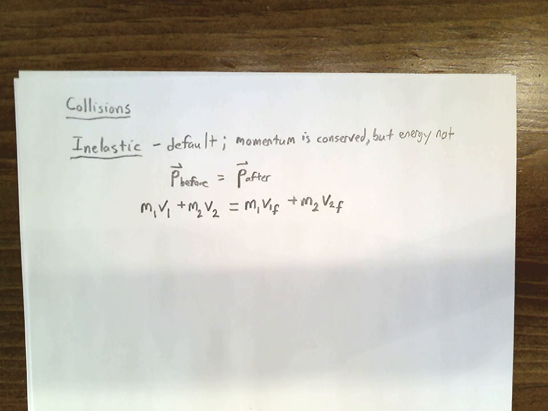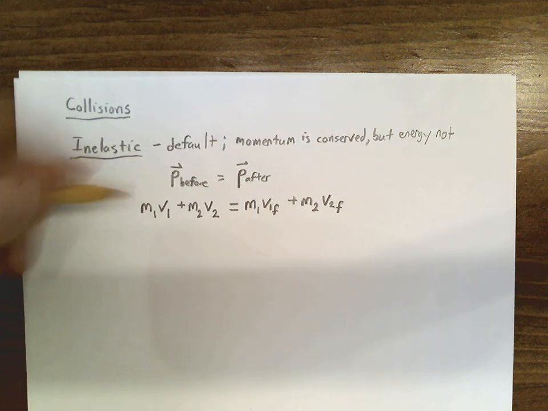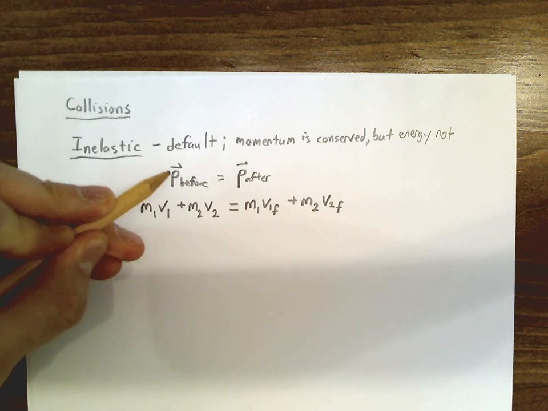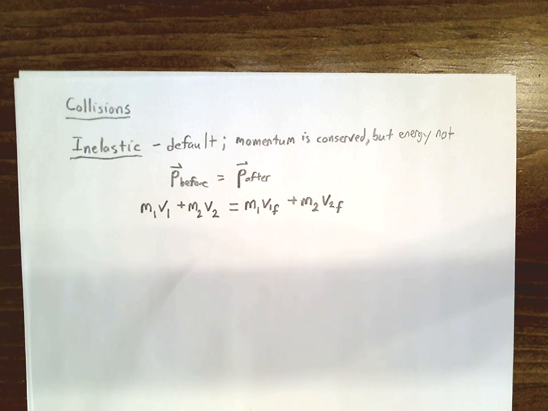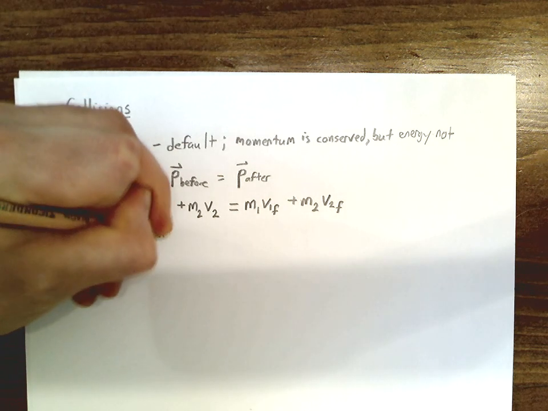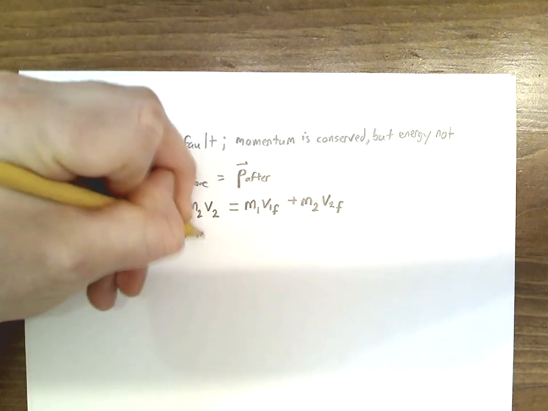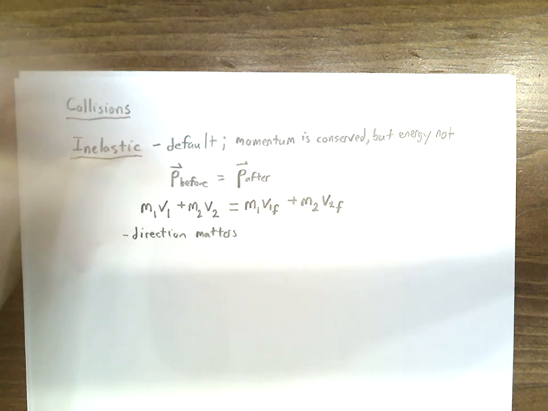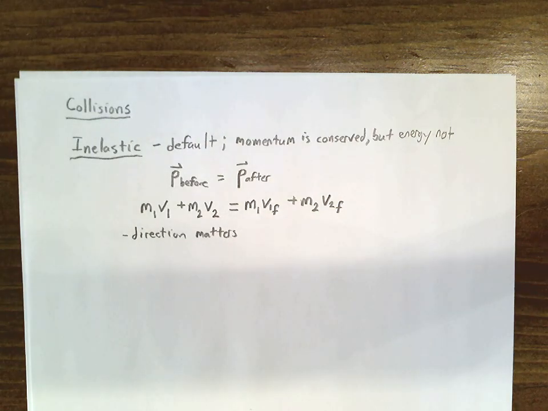It's important to note that unlike energy, when we did conservation of energy, it didn't matter which way the objects were going. Since momentum is a vector, all these v's should have little vector hats on them. Direction matters. So objects going to the left should have the negative momentum of objects going to the right.